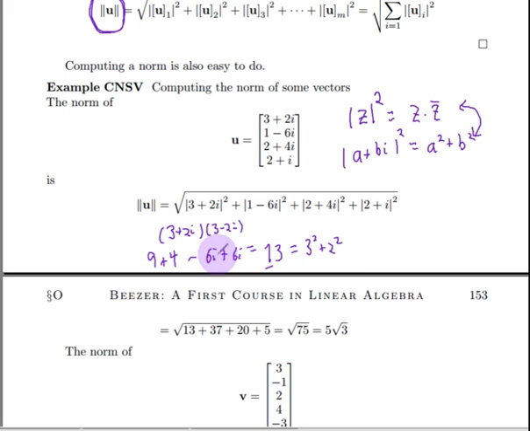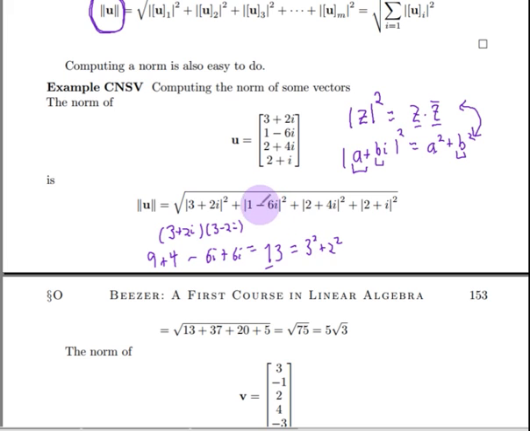You can see in this case that if I compute the absolute value this way, as the number times its conjugate, that's the same thing as taking the real part of the number, squaring it, plus the imaginary part of the number, squaring it. So the absolute value of 3 plus 2i squared is 3 squared plus 2 squared.